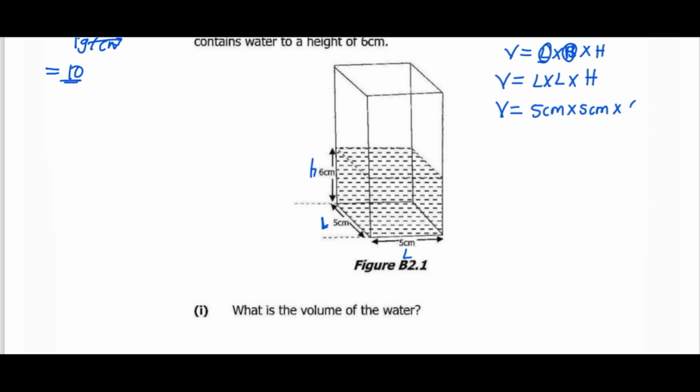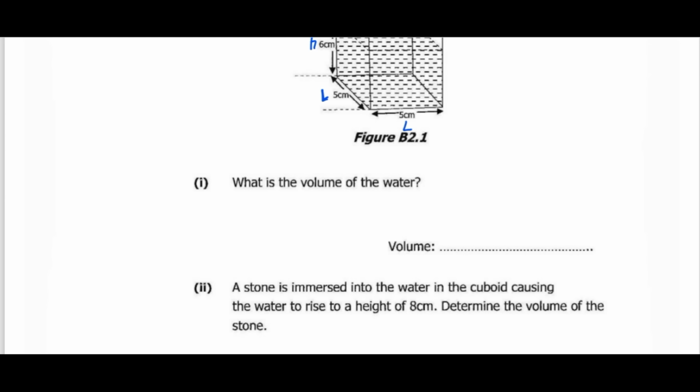The height is 6 centimeters. So 5 times 5 is 25 times 6. We will see that the volume of water will be 150 cubic centimeters.